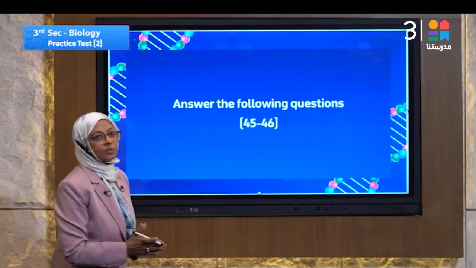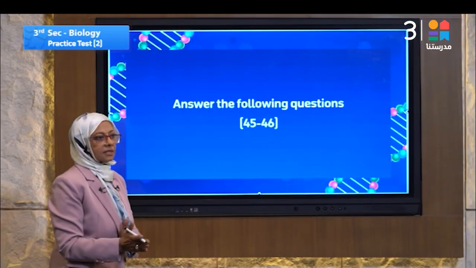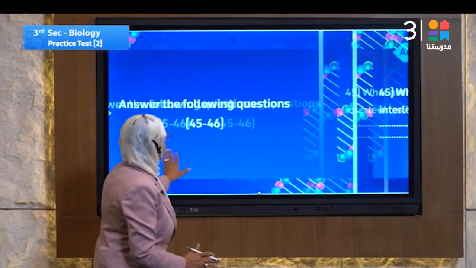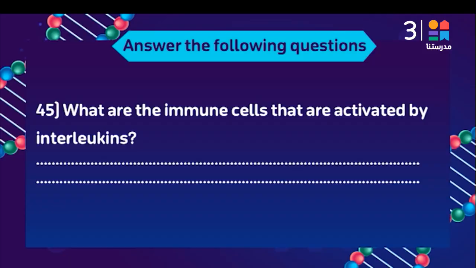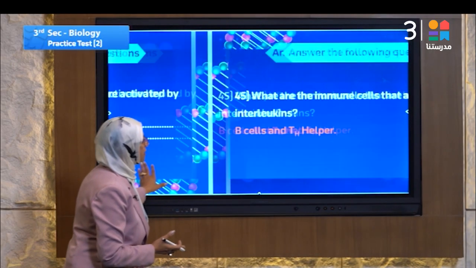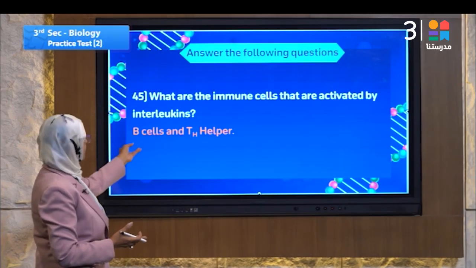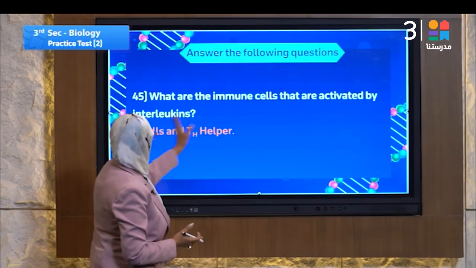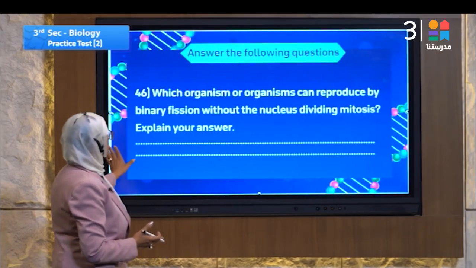Let's go to the two questions that we call essay questions. Question 45: what are the immune cells that are activated by interleukins? There are two types of cells, B cells and T helper cells, that are activated by interleukins.